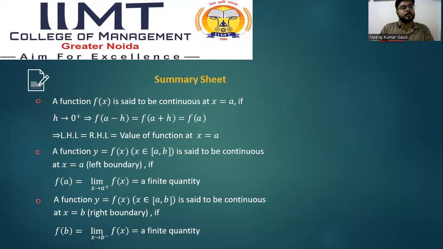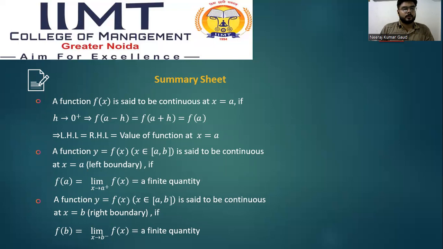Now the summary sheet. A function f(x) is said to be continuous at x equal to a if, as h tends to 0 positive, f(a minus h) equal to f(a plus h) equal to f(a). That is, LHL equal to RHL equal to the value of the function at x equal to a.